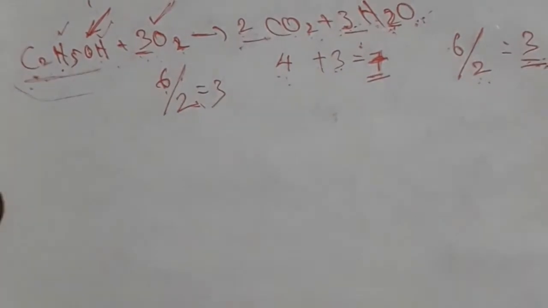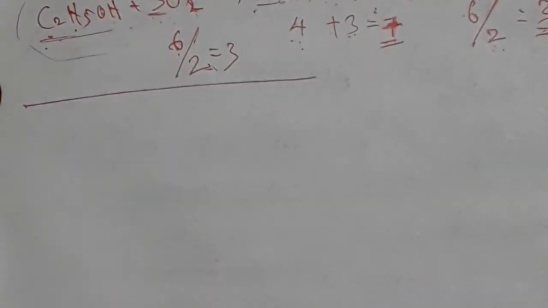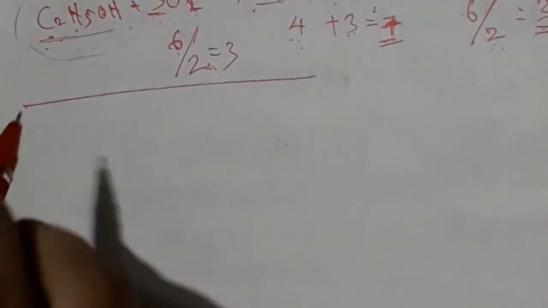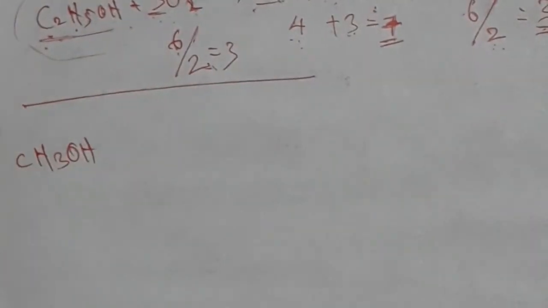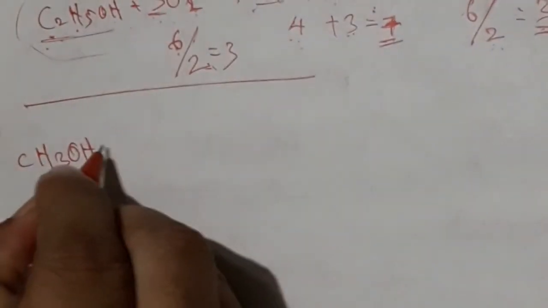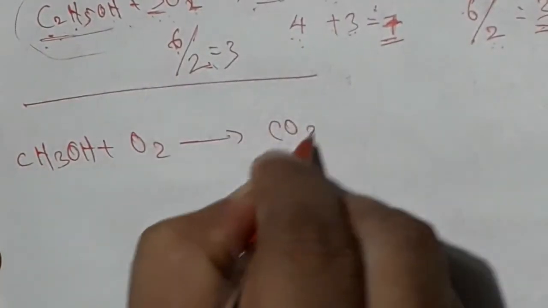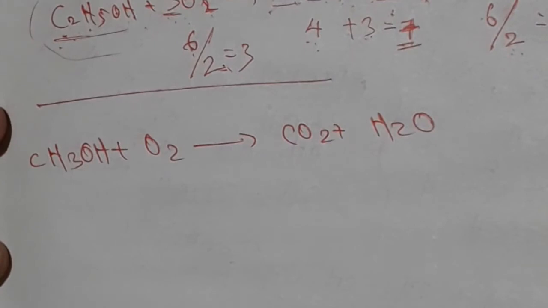Look here, I will give you one more example of how to balance this type of equation. CH3OH, it is methanol. Methanol, after combustion, after reacting with oxygen, also gives carbon dioxide and water. Clear?